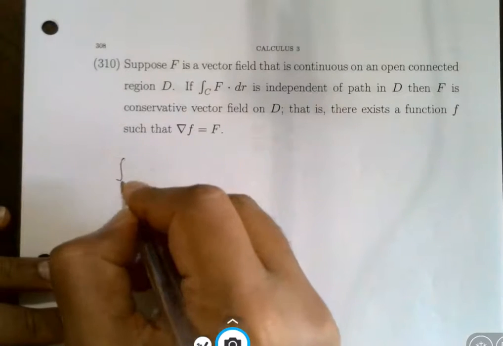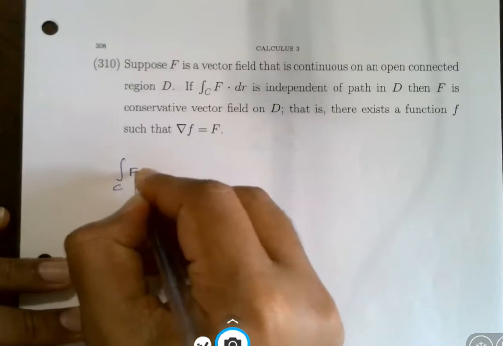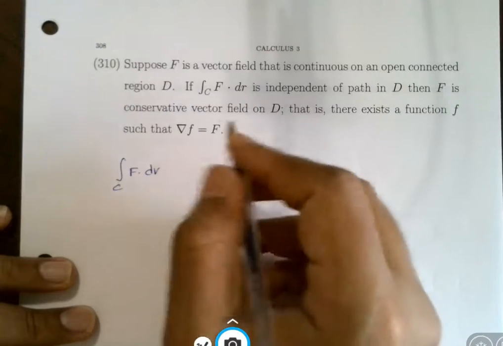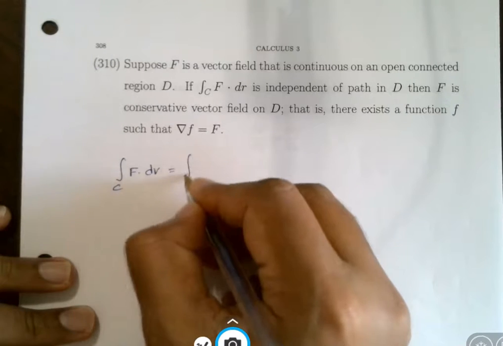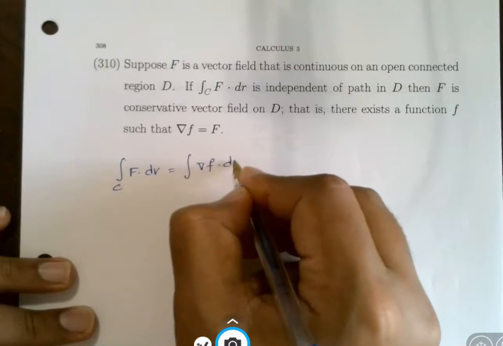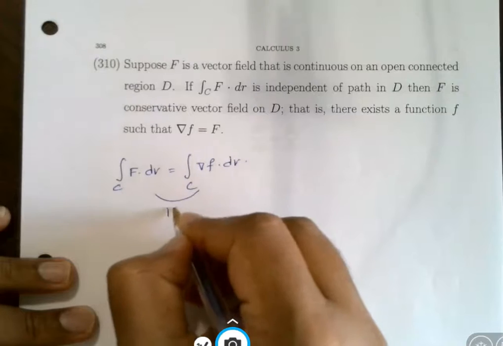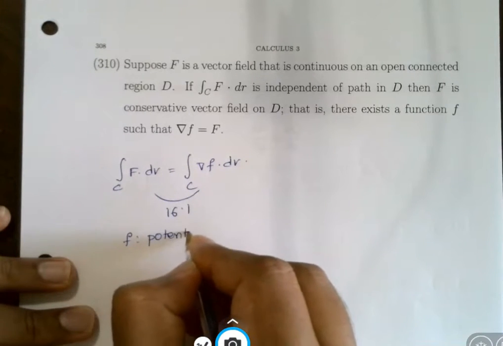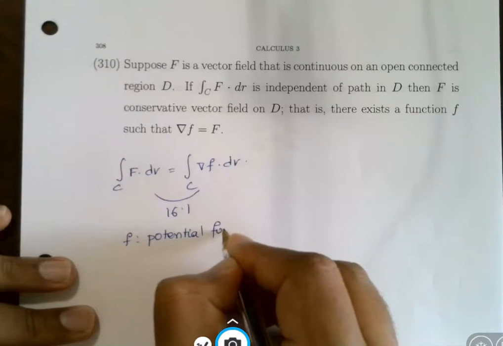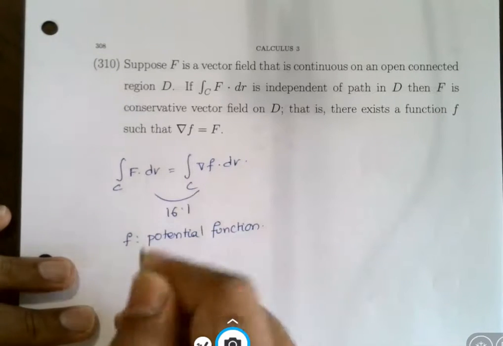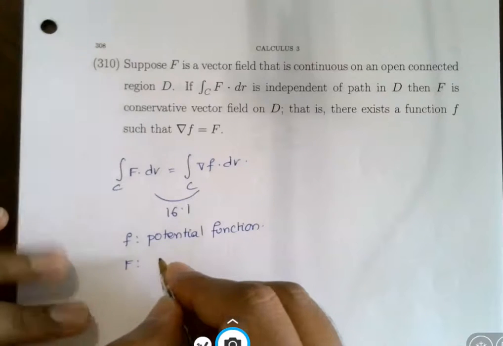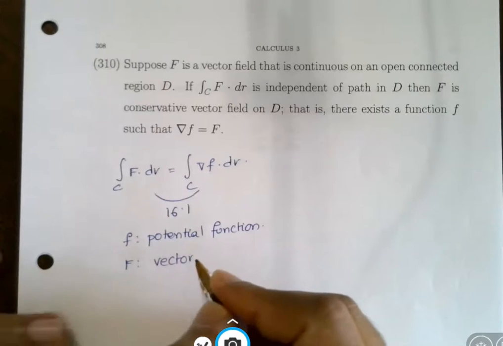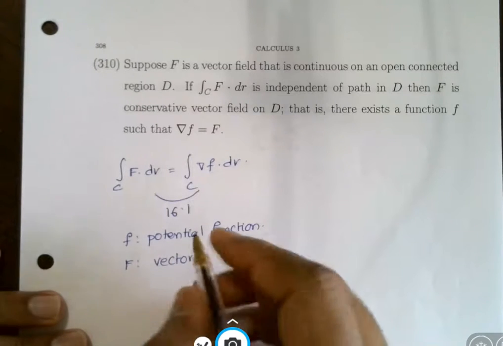In 16.1 we said you could always find F as the gradient of f, so gradient f dot dr. f is called the potential function, and F is the vector field associated with it, in other words the conservative vector field.